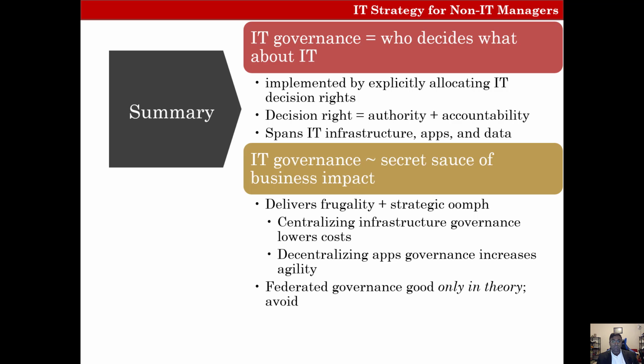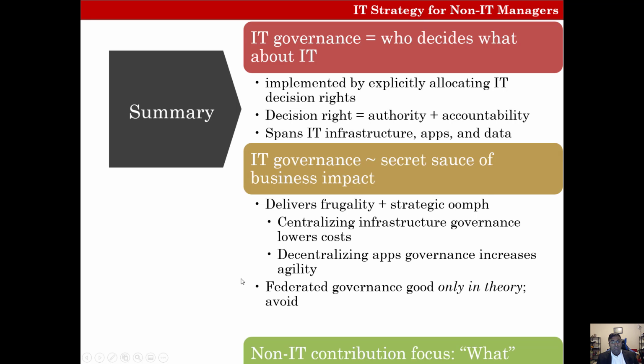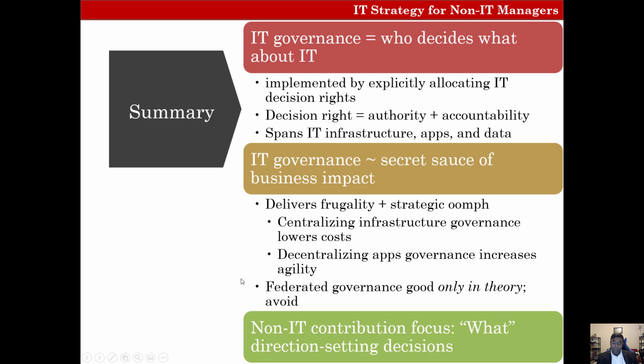And we discussed how centralizing infrastructure governance lowers cost and decentralizing application governance increases agility. Federated governance looks good in theory, but it's extremely difficult to implement. So the non-IT contribution focus should be the what and direction-setting decisions, and I think this would help the whole synchronization of governance and architecture.